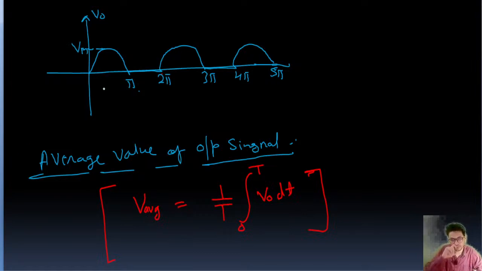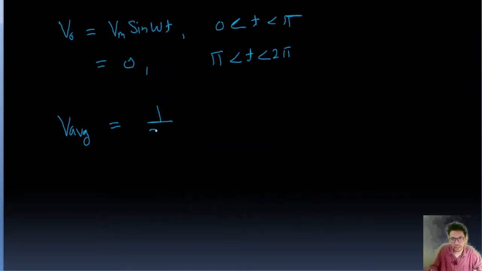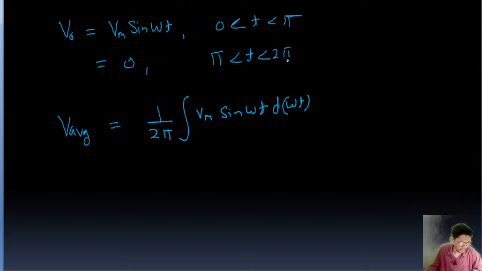And this, in the case of this half wave rectifier, is going to be 1 upon 2 pi, integration of Vm sine omega t into d omega t, from 0 to pi.